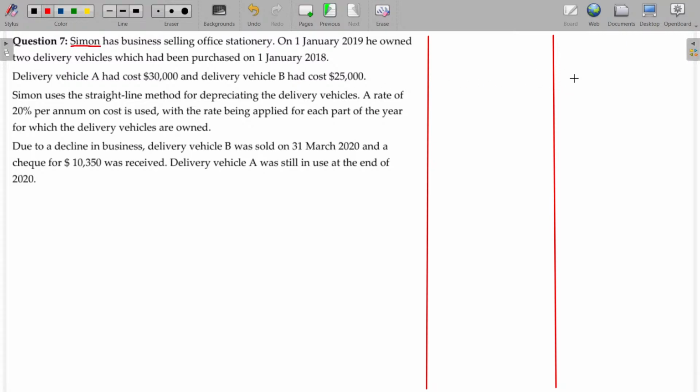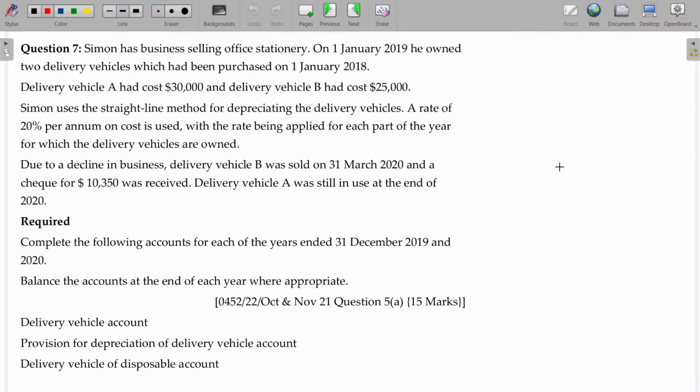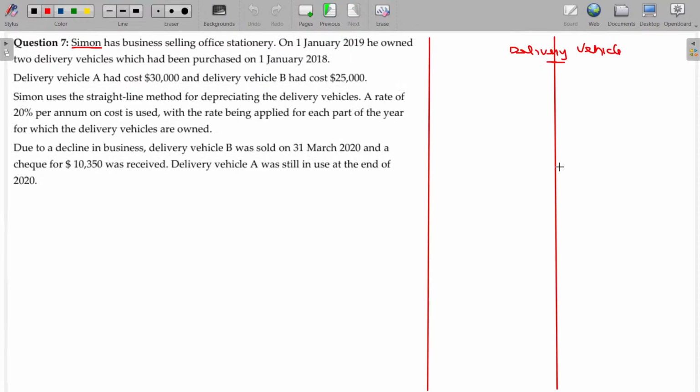In the books of Simon: delivery vehicles account, provision for depreciation account, depreciation of delivery vehicle account, disposal of delivery vehicle account.